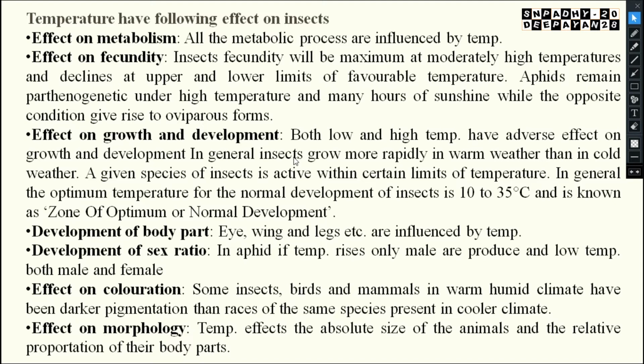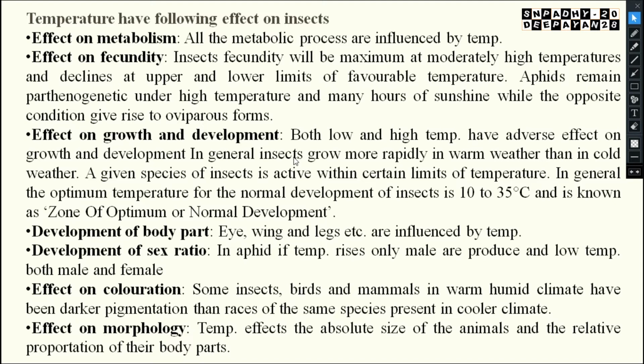But what happens actually, for an organism some specific temperature is required to complete a metabolic process or enzymatic activity. If slight fluctuation will be there, then the process will be slightly affected. If a greater fluctuation will be there, the process will be largely affected.